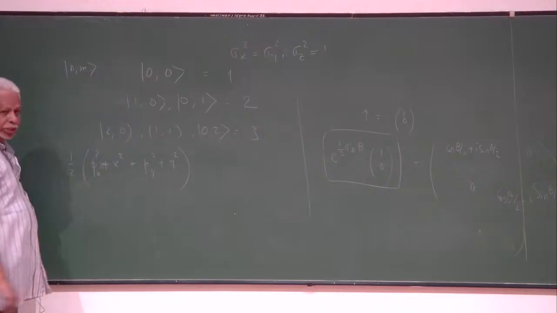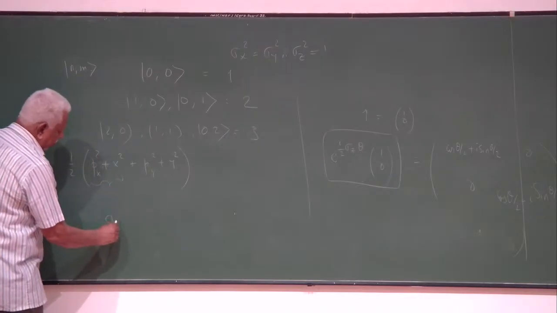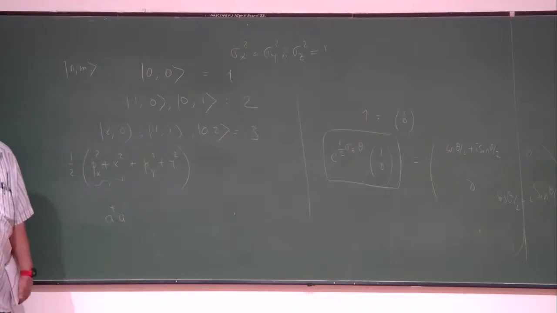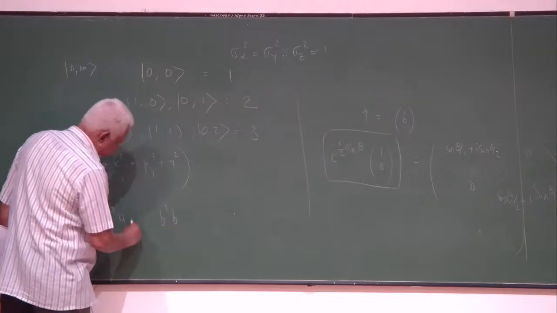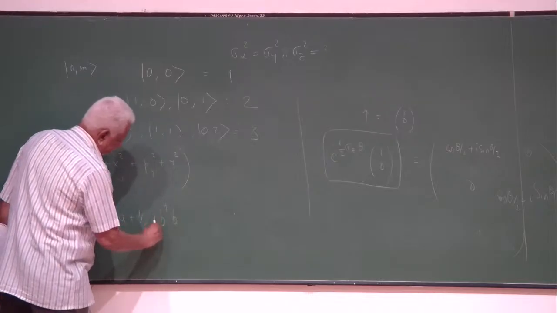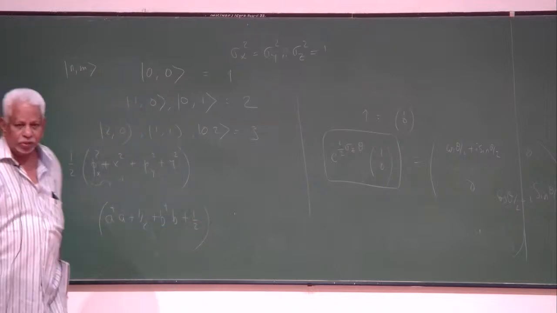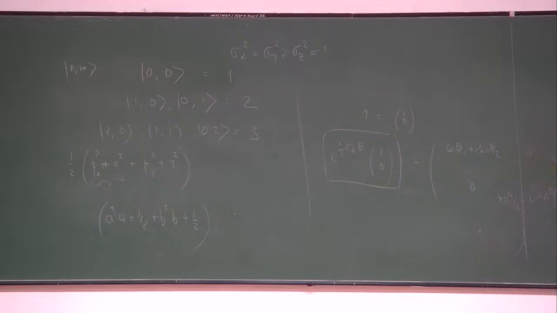This is your Hamiltonian, which I can write with creation and annihilation operators, A dagger A for one and B dagger B for the other.